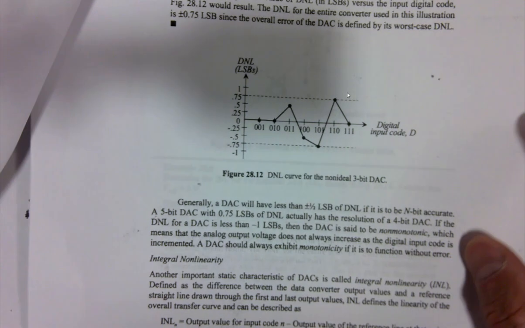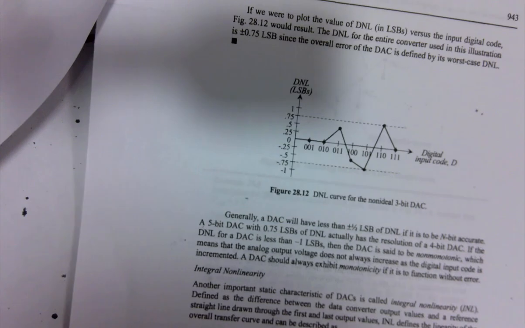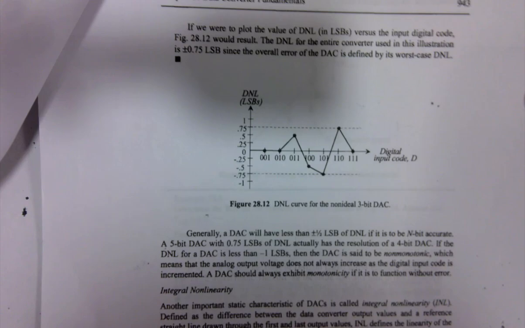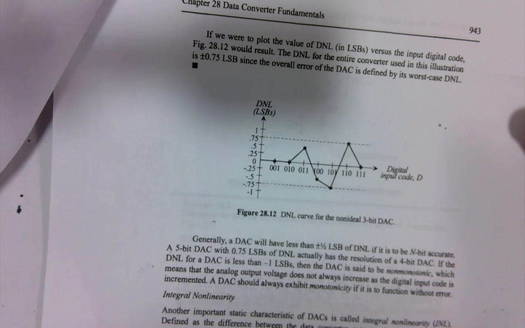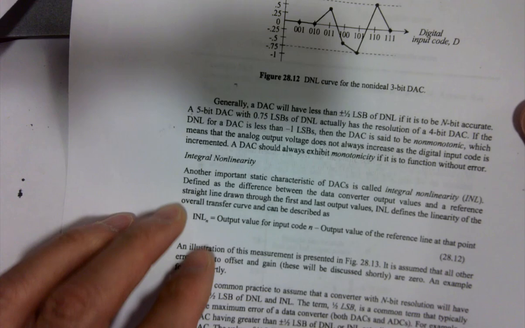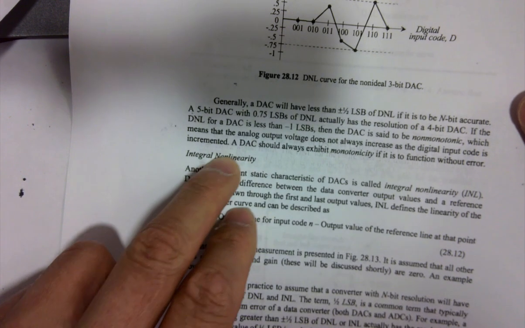All right. So you can expect all the publications, the scientific research papers that evaluate the performance of ADCs or DACs, will plot DNL and INL to tell you the quality of it. And INL is called integral nonlinearity.